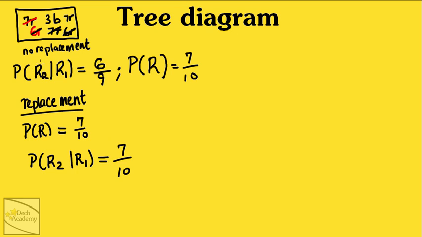Now, in the scenario where there's no replacement of balls, you can see that the probability of picking a red ball is 7 over 10. The probability of picking a red ball given that a red ball has been chosen already is 6 over 9. As you can see, picking a red ball the first time has an effect on picking a red ball the second time.